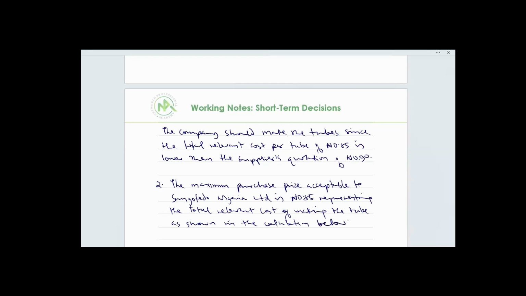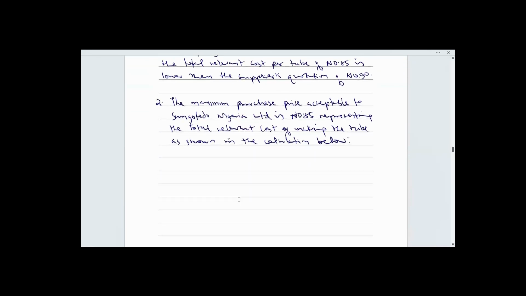Then I will now write the relevant costs, or simply say maximum purchase price. So the first item is direct material, which is 60 kobo.